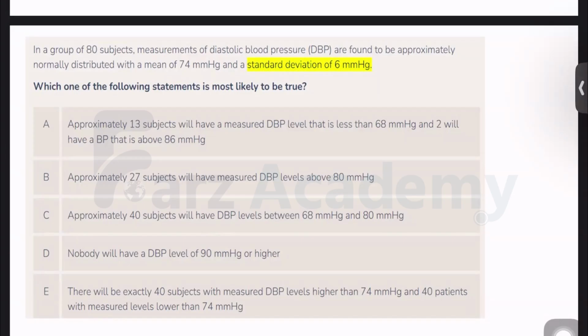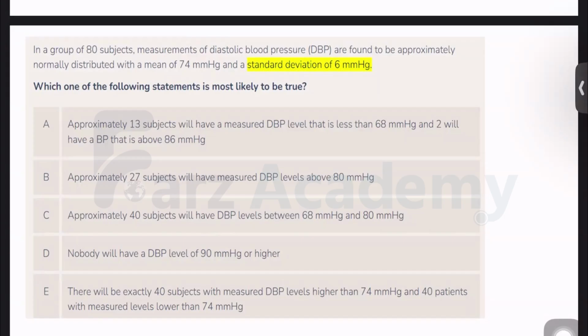Approximately 40 subjects will have DBP between 68 to 80. No, 68% of 80 subjects. So we saw it was 54 patients who were having the range of 68 to 80. That is one standard deviation, 68 to 80.